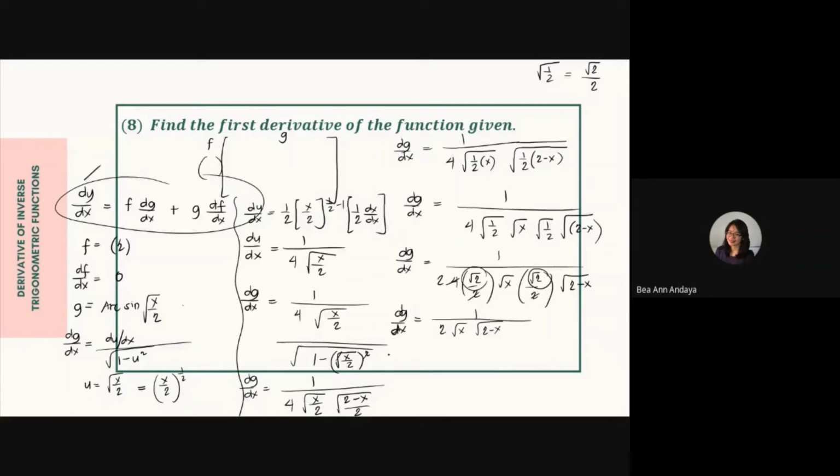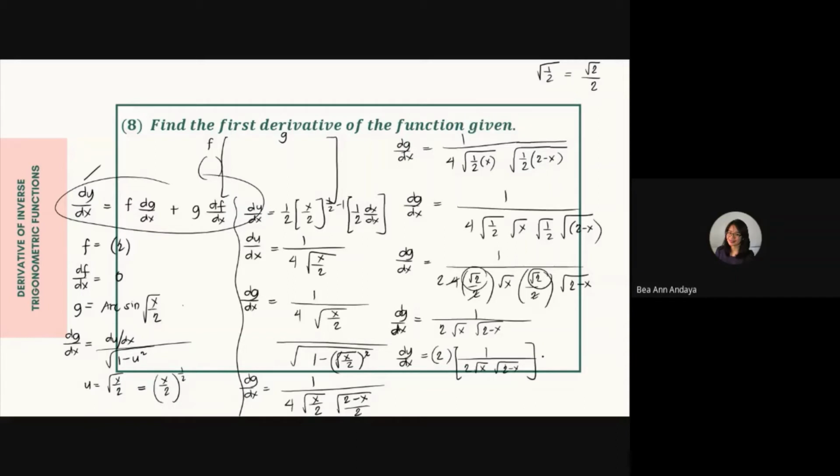So, do not panic because all you have to do is to substitute everything that you have solved to our main working equation, or that is the dy all over dx equivalent to f. Yung f natin is the 2. And then you multiply it to the derivative of g with respect to x, or this one, yung last na na-solve natin. That's 1 all over 2 times the square root of x times the square root of 2 minus x.